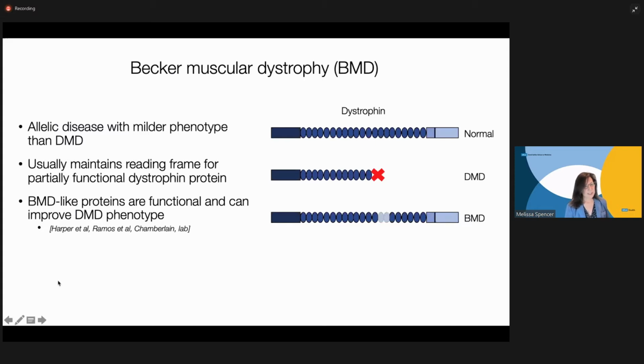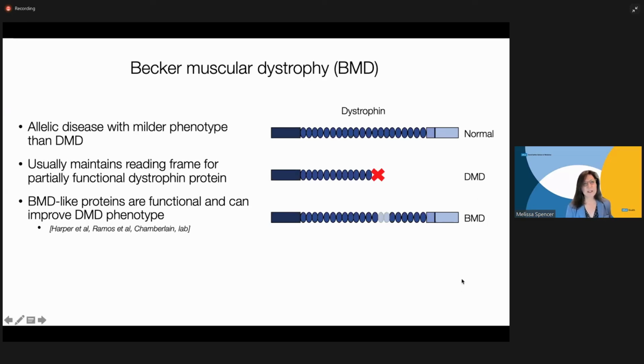There's an allelic disease called Becker muscular dystrophy, and in this case, you have mutations in the DMD gene that spare the reading frame. In Duchenne muscular dystrophy, mutations tend to lead to loss of protein production. Becker muscular dystrophy involves mutations in the exact same gene, but because the reading frame is spared, you retain those business ends of the molecule.